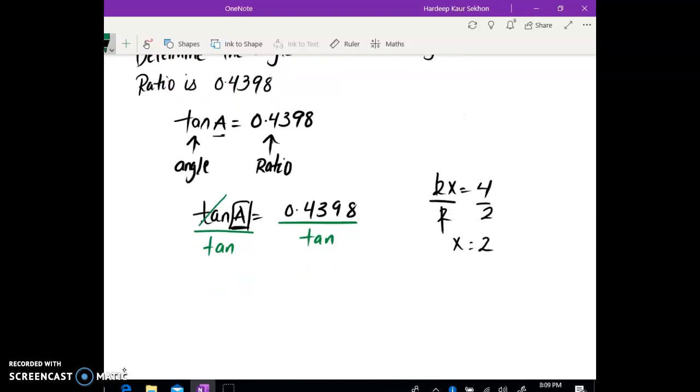This cancels out, we are left with A equals 1 over tan of 0.4398. Okay, so this 1 over tan turns into a tan inverse.